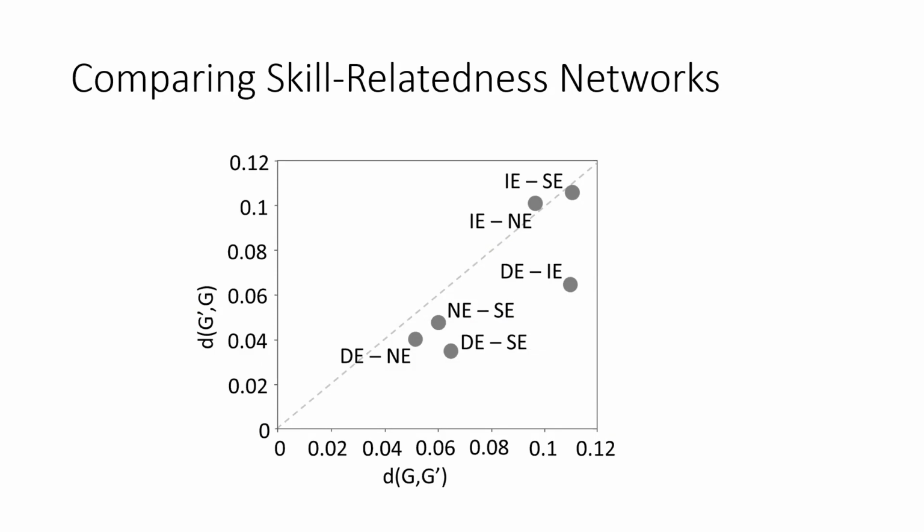Looking at the 2 networks, we can see that the Irish skill-relatedness network has communities that are a nested or refined version of the German skill-relatedness network. So this is really a great finding for Ireland, because they can now learn from the German skill-relatedness network to see where 2 communities can potentially be joined and additional industrial diversification opportunities may be available, which they can't see from their own network.